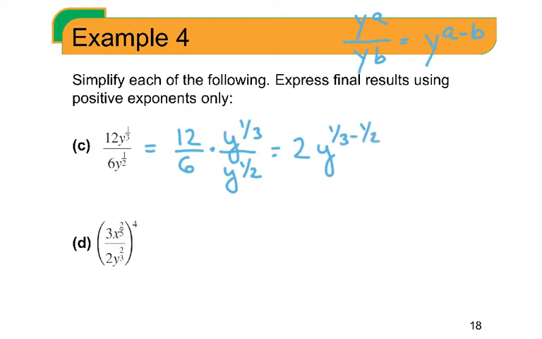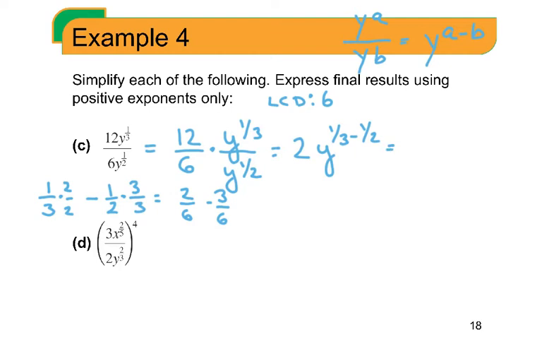So again, I'm going to have to do a little scratch work. 1/3 minus 1/2. Common denominator, again, is 6. So 1/3 we need to multiply by 2/2, and this is 3/3. So we see that we have again, now, 1/3 is the same thing as 2/6, and we're subtracting off 3/6.